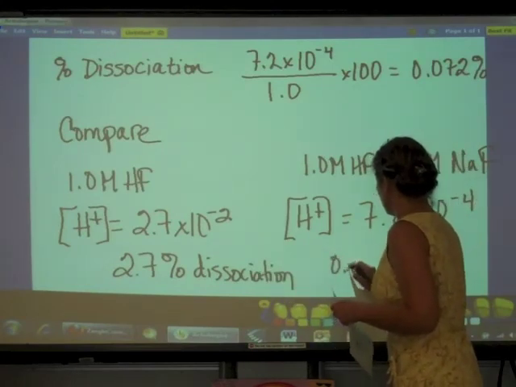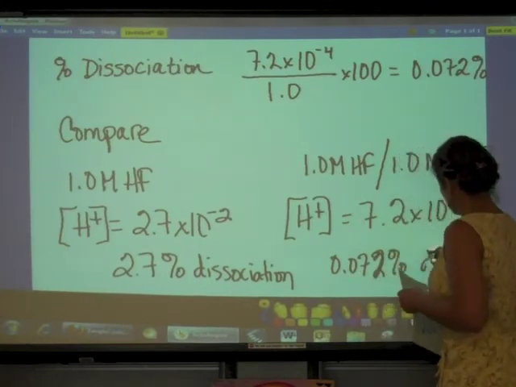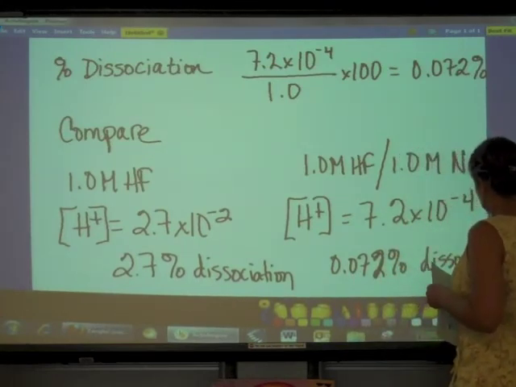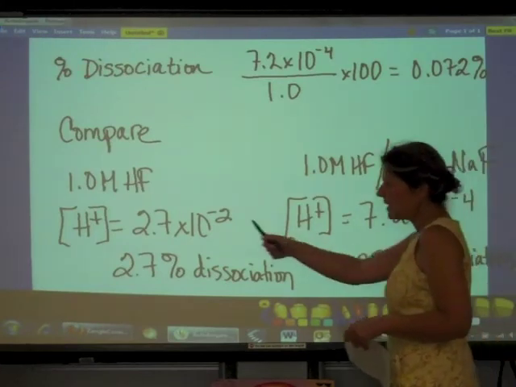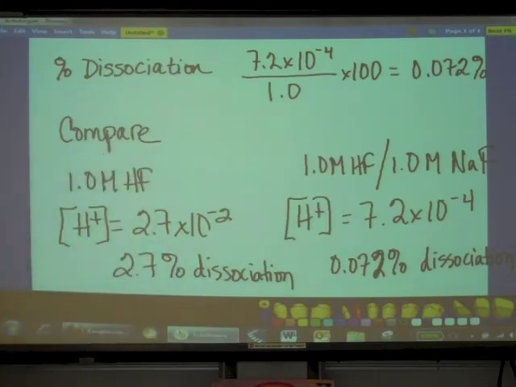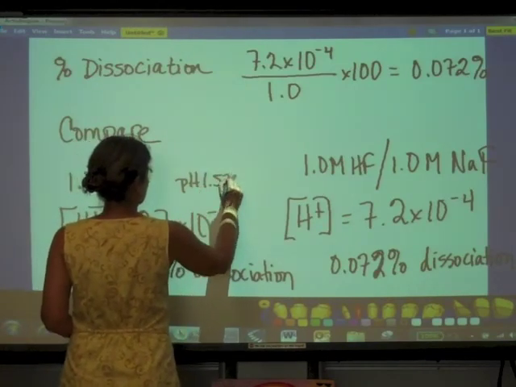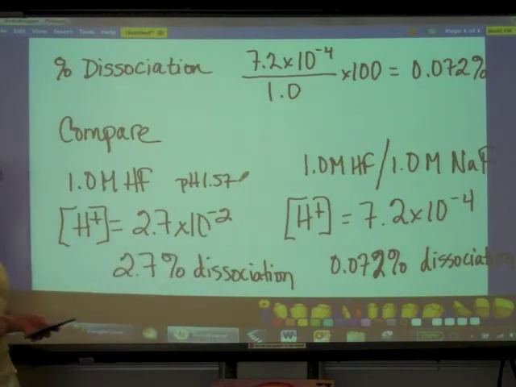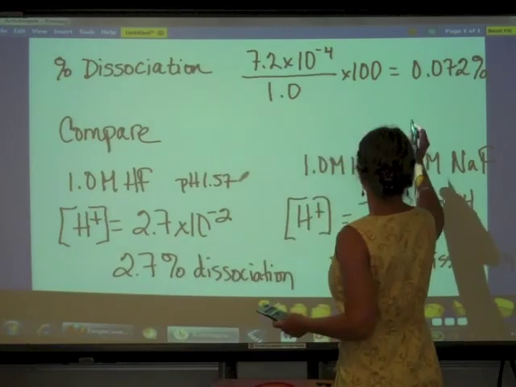It's 0.072% dissociation. Let's do the pHs of these two solutions. Okay, we've got a pH here. I'm showing pH 1.57. What's our pH over there? And I'm seeing a pH of 3.14.